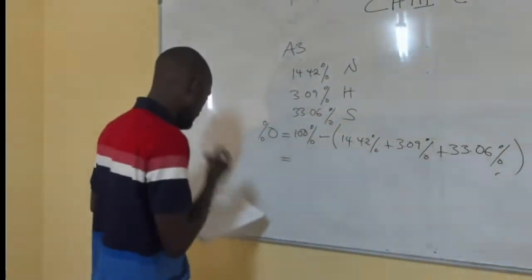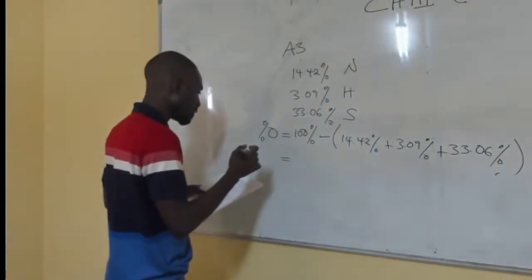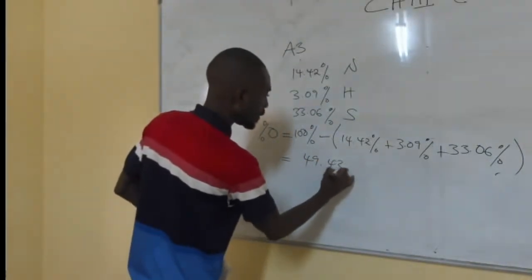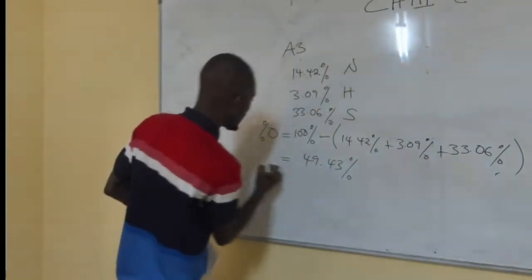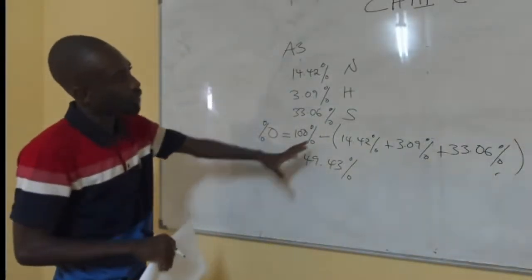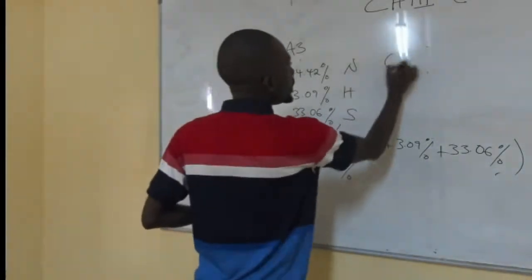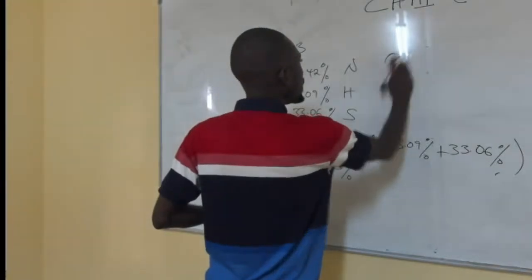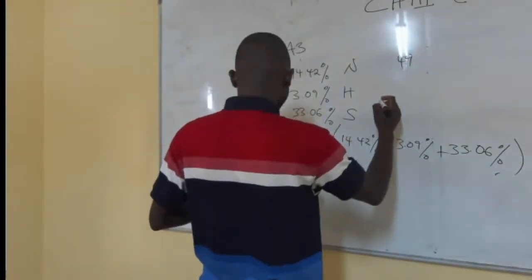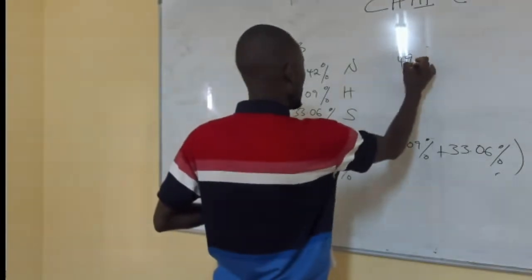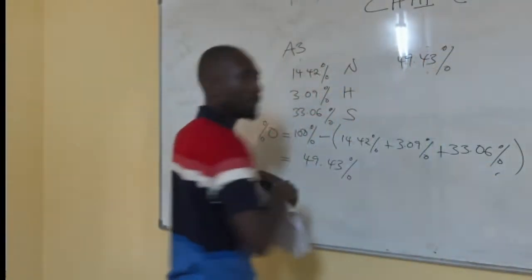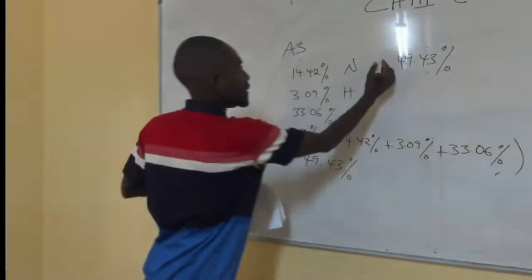So in this case, you need to have something of this nature, which is 49.43%. That is the composition for oxygen. So now we have oxygen in terms of the percentage, which is 49.43%.